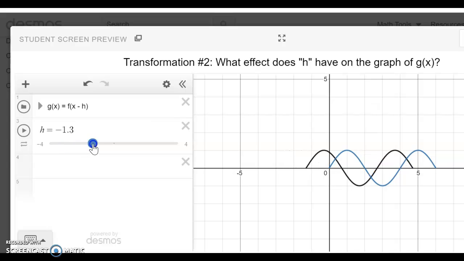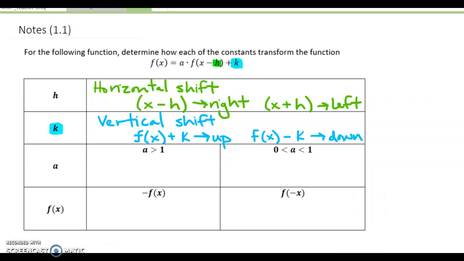But I really wanted to point this out because it's the opposite of our vertical shift. If we had a positive k value, we are shifting up. If we have a positive h, x plus h, we are not shifting to the right, we are shifting to the left. You can see those notes summed up here.